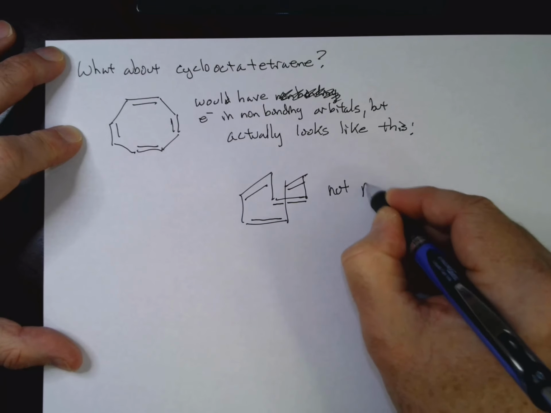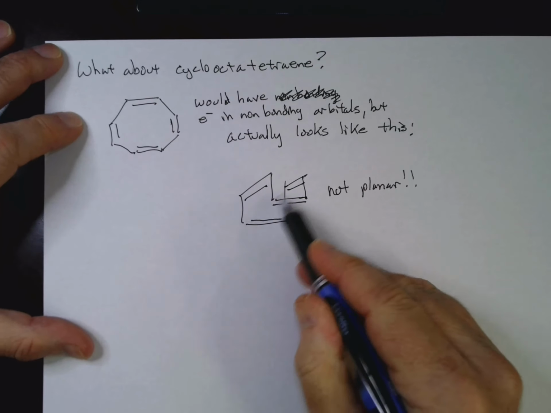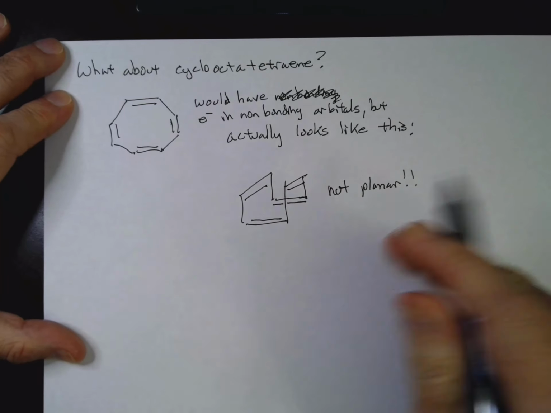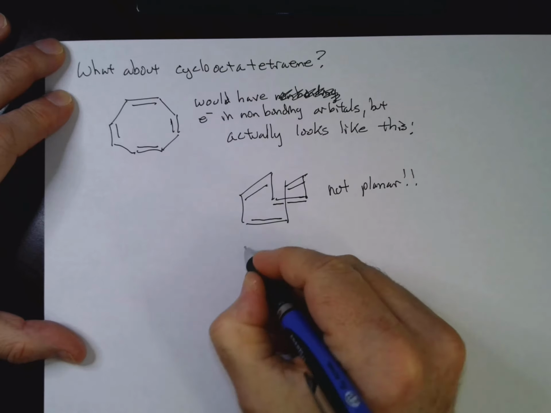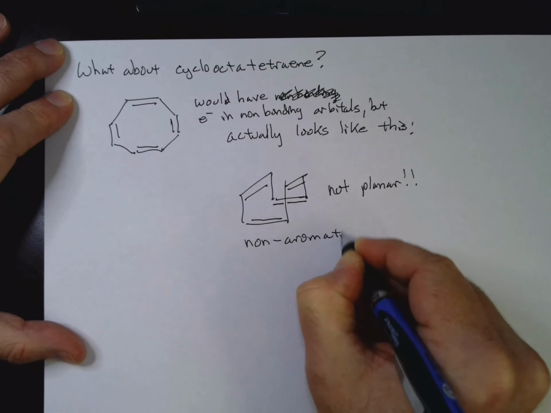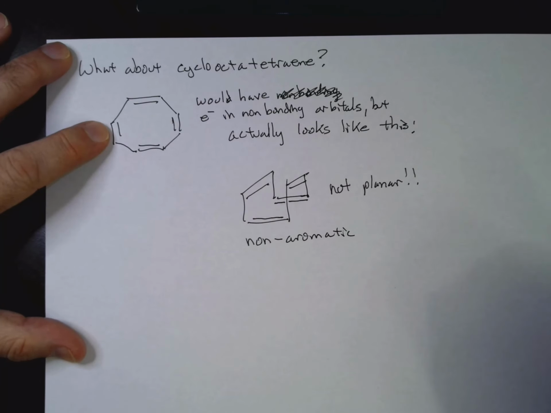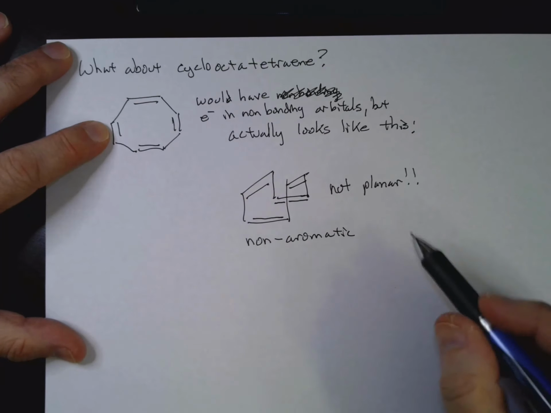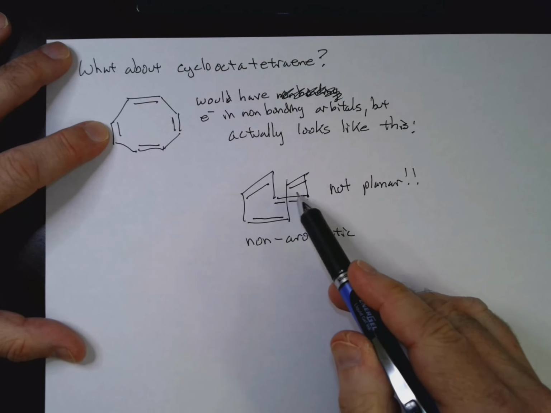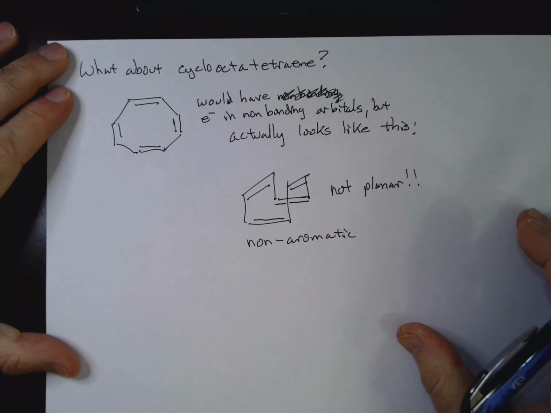It's not planar. Okay, it's this bent sort of tub-like shape. And this is an example of a non-aromatic compound. It would be unstable and anti-aromatic if it was planar, but because it can adopt this other conformation, that actually means that it doesn't have the same types of molecular orbitals.